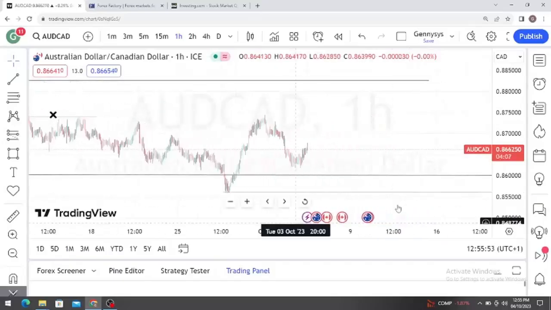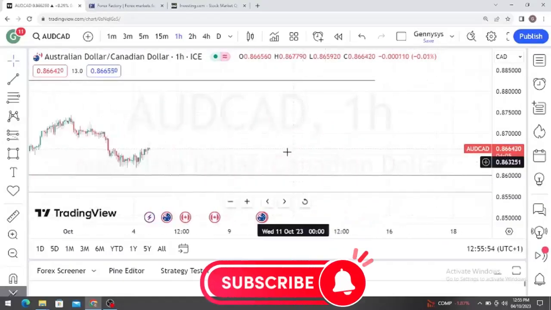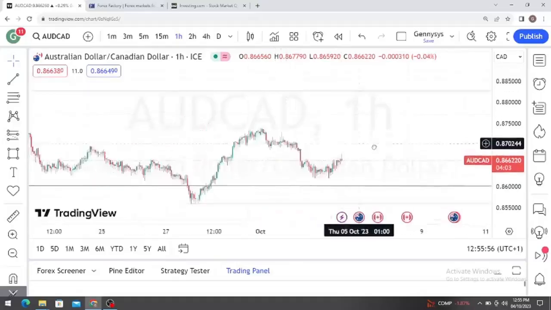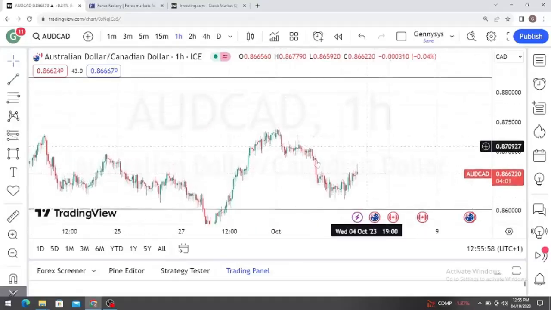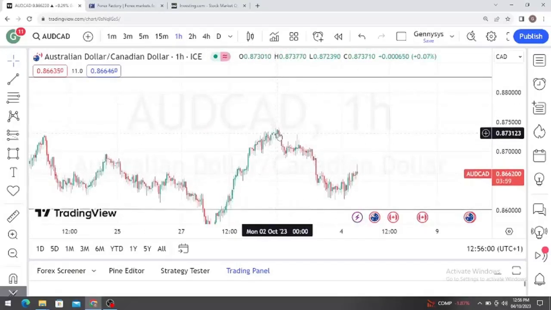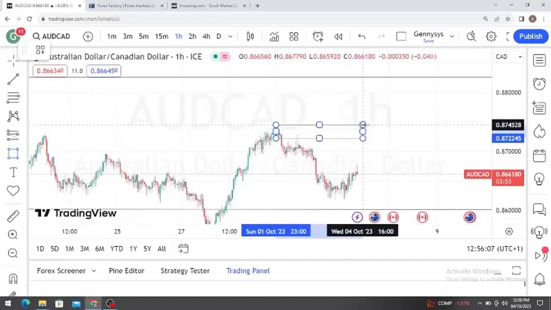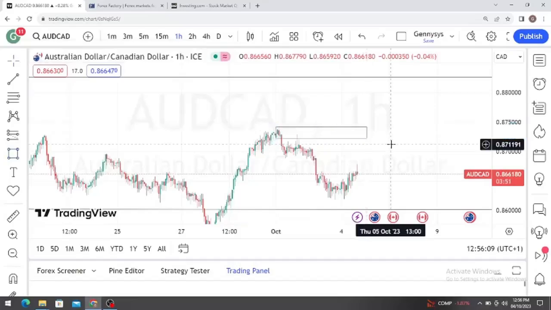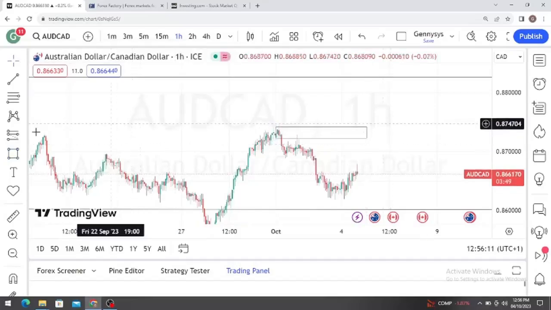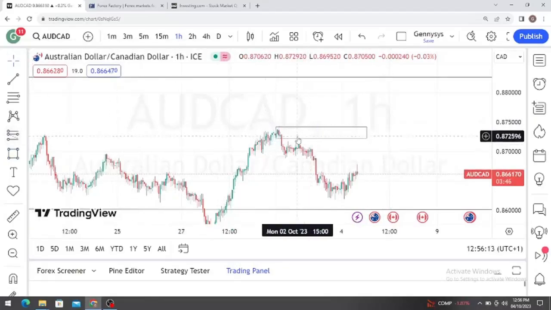So where's that candle that swept the liquidity? That guy there with the wick, this red guy with the wick. I'm going to check that out, and oh, it has already been mitigated here, so it seems like that opportunity has gone.